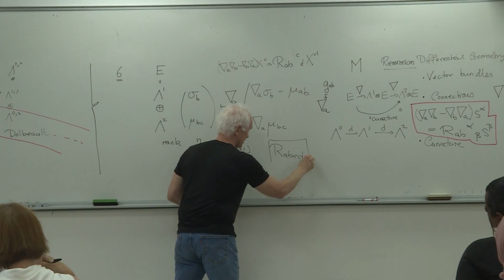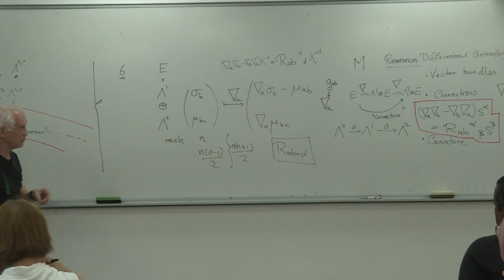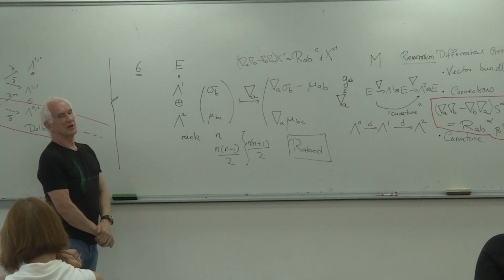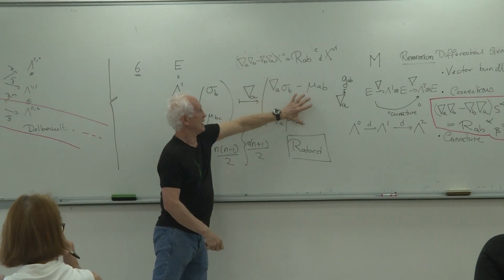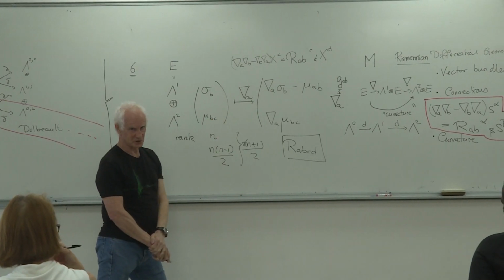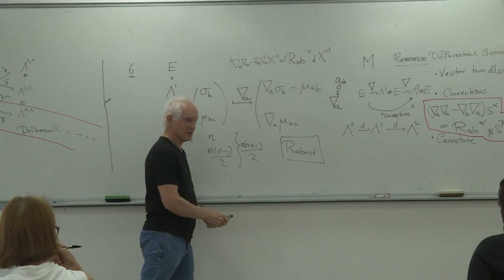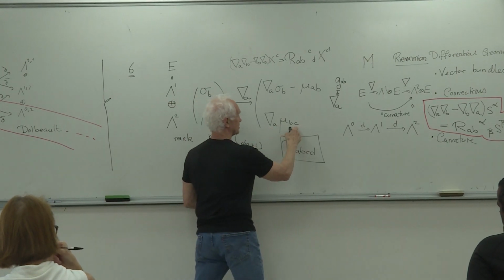Now I'm telling you this because if you do this process here of prolongation, and you do it on a Riemannian manifold, you do not get a connection as simple as this. You get a connection involving this Riemann curvature tensor. But it occurs in a really nice way. You can almost guess what to put here.